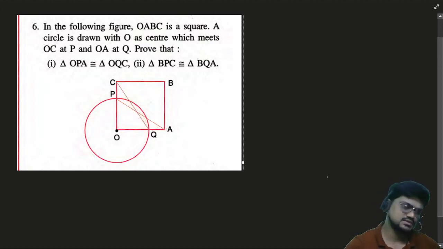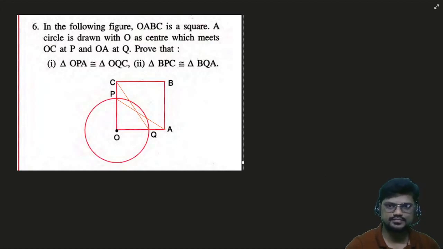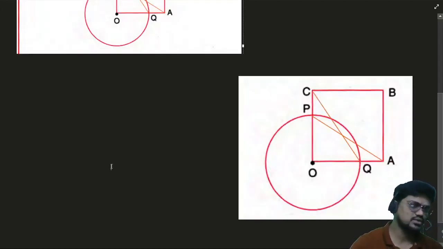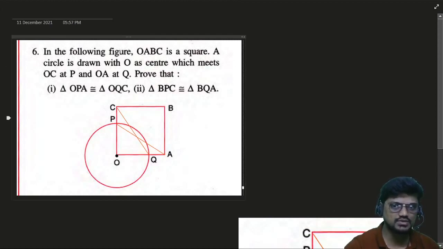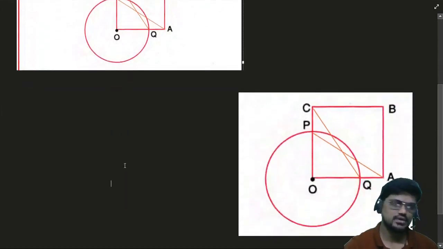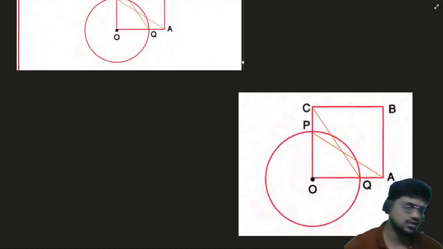You need to prove this. How can we prove that the two triangles are congruent? They have given that OABC is a square, and a circle is drawn with center O which meets OC at P and OA at Q. Then you have to prove that.